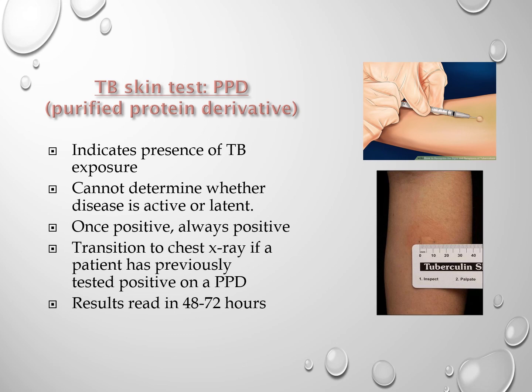So, for example, somebody who's taking steroids or is HIV positive or is considered immunosuppressed will accept less induration to call it a positive test because their immune system isn't as robust and they can't produce as much induration. So in those patients, we will still call it positive even when the induration is relatively small. And we'll get to a slide on that information.